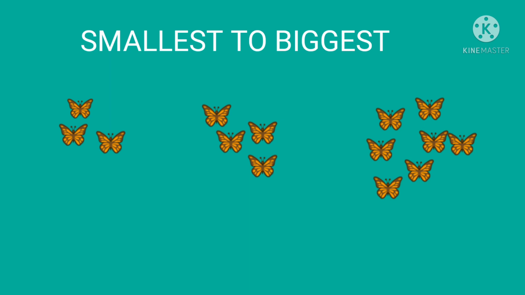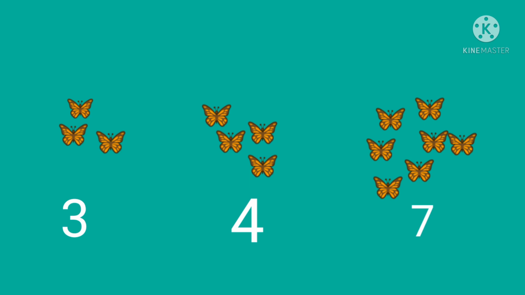The first set has 3 butterflies. The second set has 4 butterflies. And the third set has 7 butterflies. So, we can see that the number 3, 4 and 7 are arranged from smallest to biggest.